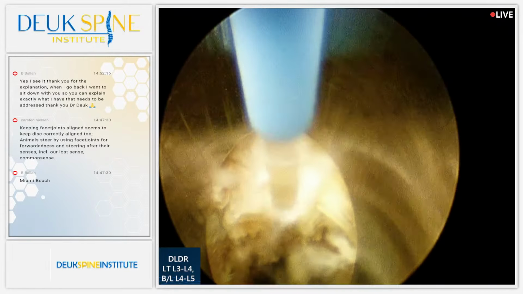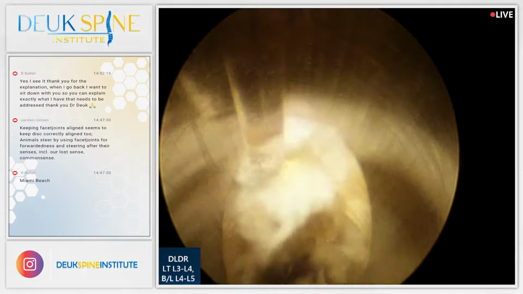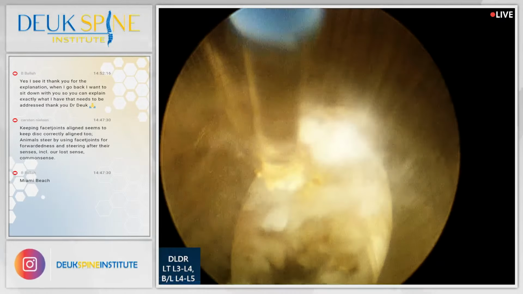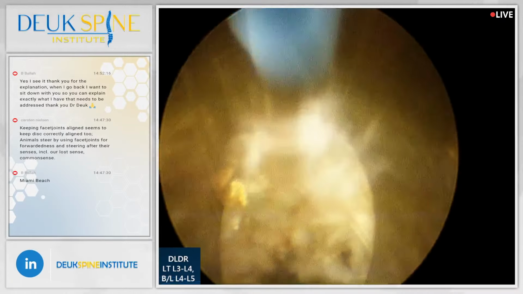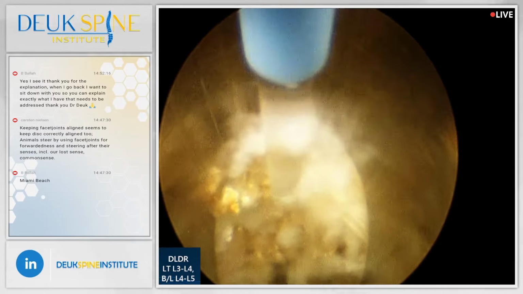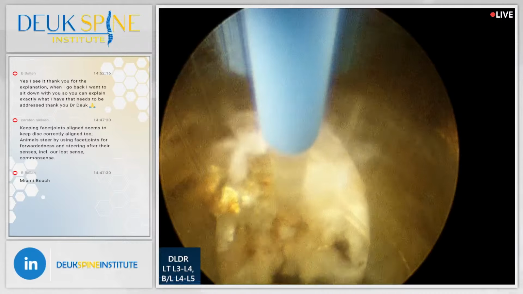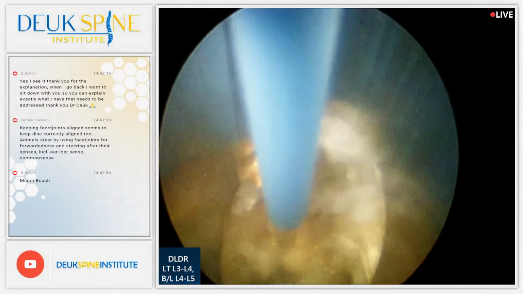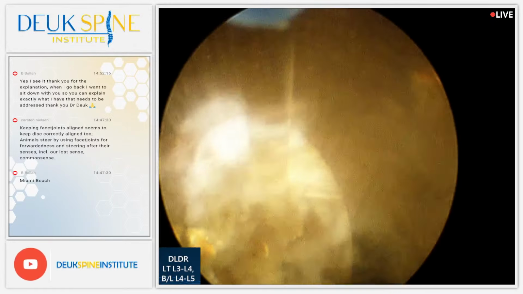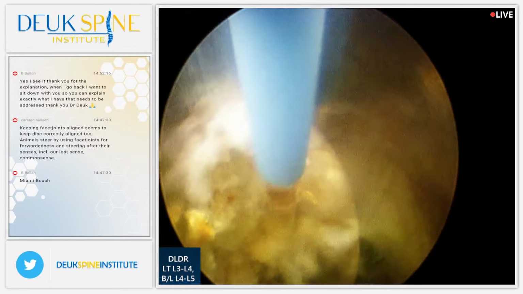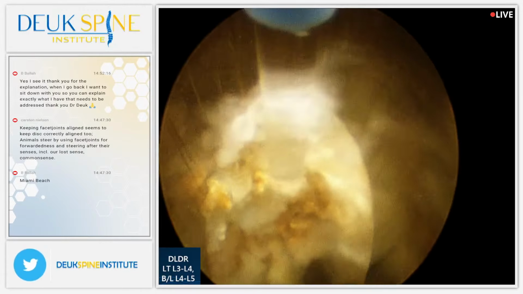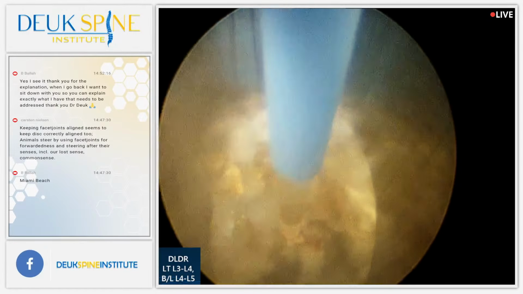And 99% of doctors have no clue how to find it. It's on the side pictures, not on the center picture. So patients can't find it, doctors can't find it, but 99% of symptomatic spinal stenosis comes from lateral recess stenosis and foraminal stenosis, not central stenosis, not extraforaminal stenosis.